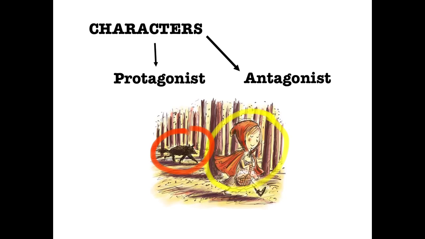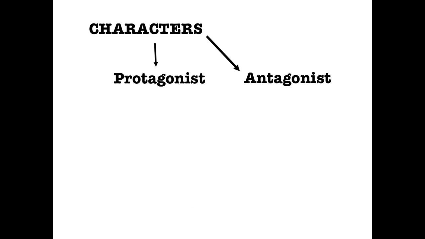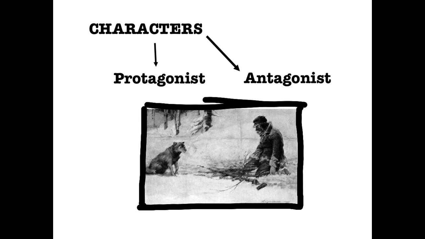But could the antagonist be something else? Let's look at another story. To Build a Fire is a story by Jack London in which a man travels with a dog in freezing temperatures to reach a camp where he's supposed to meet with his friends.